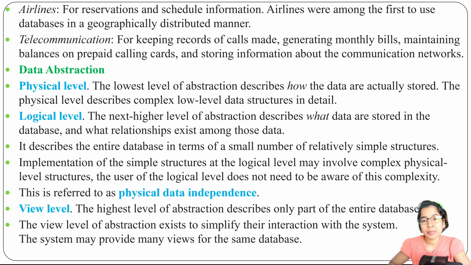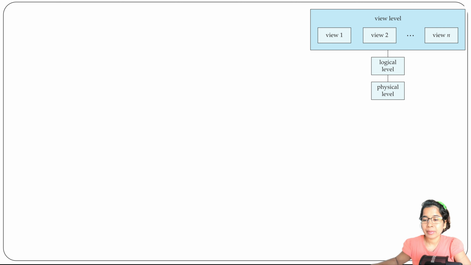There can be multiple views for the same database. So this is the diagram. Lowest level is physical level, then is logical level, next is view level. There can be multiple views like view 1, view 2, view n for the same database. Like same database, one can access through SQL, one can access through a different query language. So there can be multiple views for the same database. Physical level is the lowest level, next is logical level, next is view level.